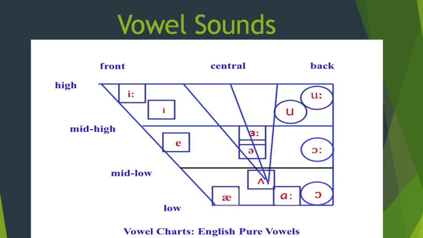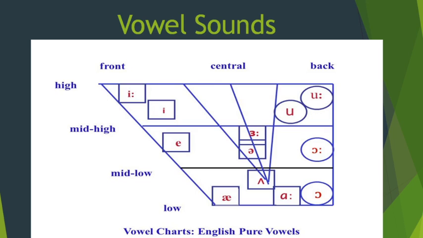This is the chart that gives us a clear idea of the categorization of these 12 vowels. The tongue is divided into 3 parts: front part, central part, and back part. If a vowel is produced from the front of the tongue, it is called a front vowel.